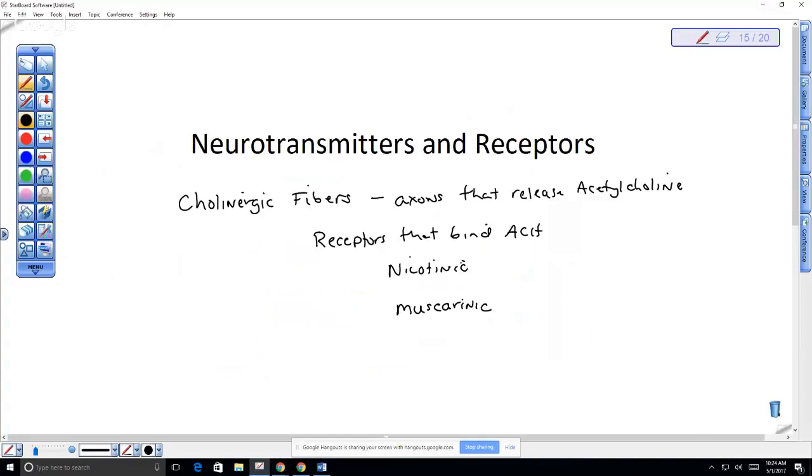Okay, so when we look at the difference between these, this one is always excitatory, and it also is direct acting. This one can be excitatory or inhibitory, depending upon where it is, and it is indirectly acting.